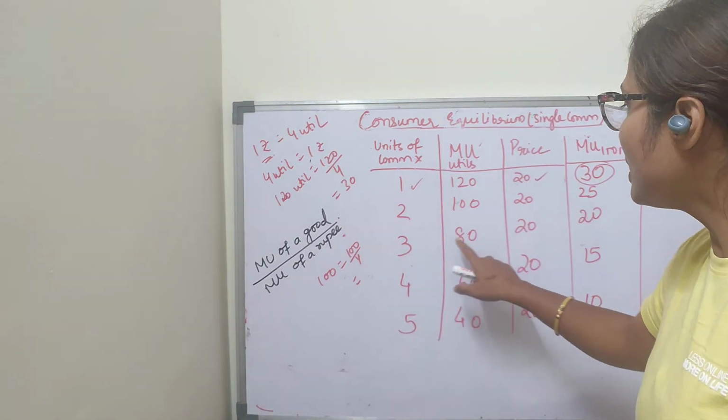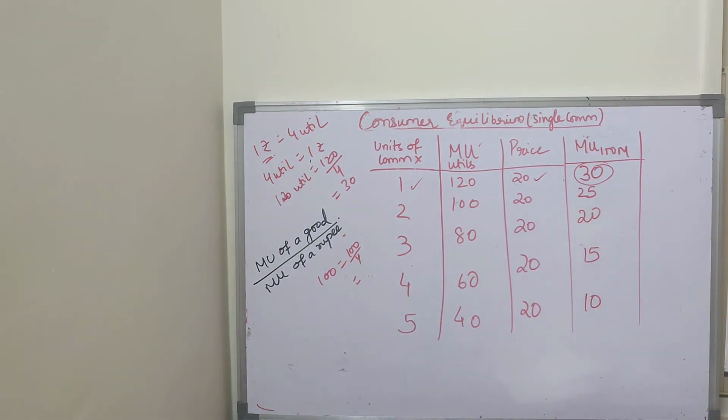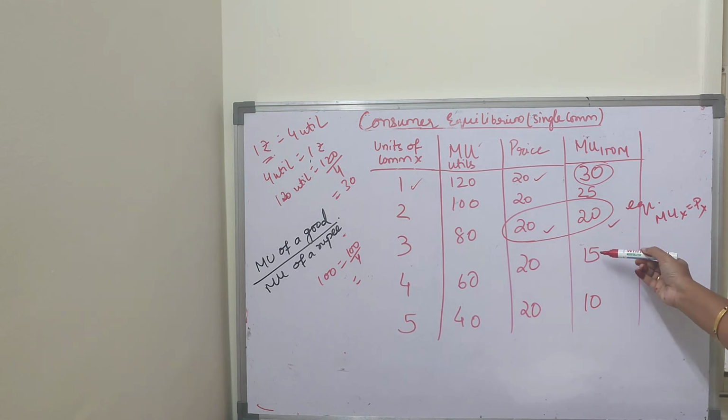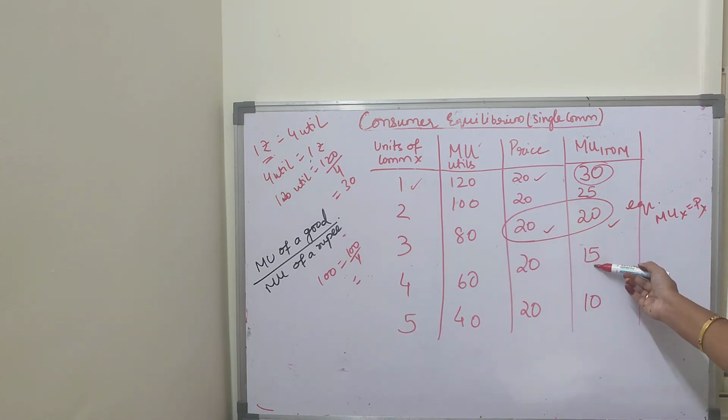Now in the third unit, he is paying rupees 20 and getting a satisfaction of 20 only. That means here my equilibrium position is set. So the consumer will consume by paying 20 and getting 20. This is the equilibrium point, where MUX is equal to PX, where your marginal utility is equal to your price. Now, the consumer will not consume the fourth and fifth units because they give less utility than the price paid. Here the utility is 15, you are getting less, and your price is 20, you are paying more and getting less utility.